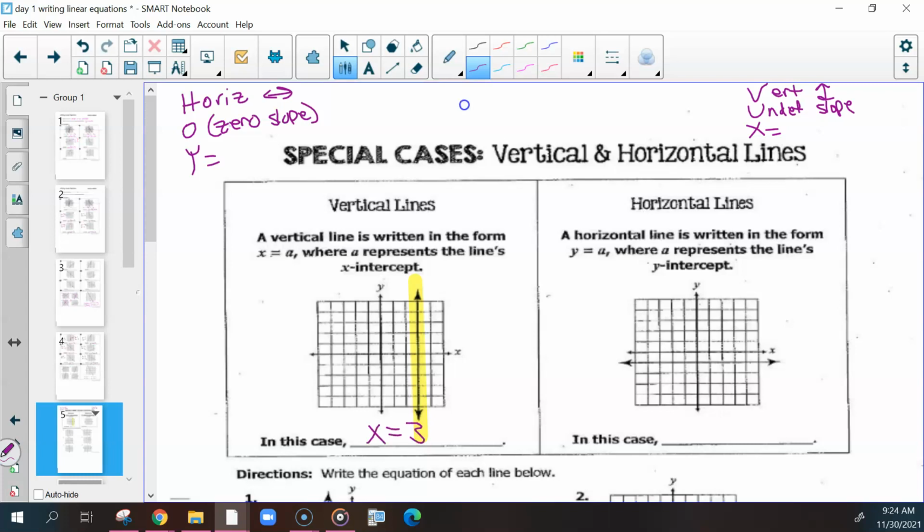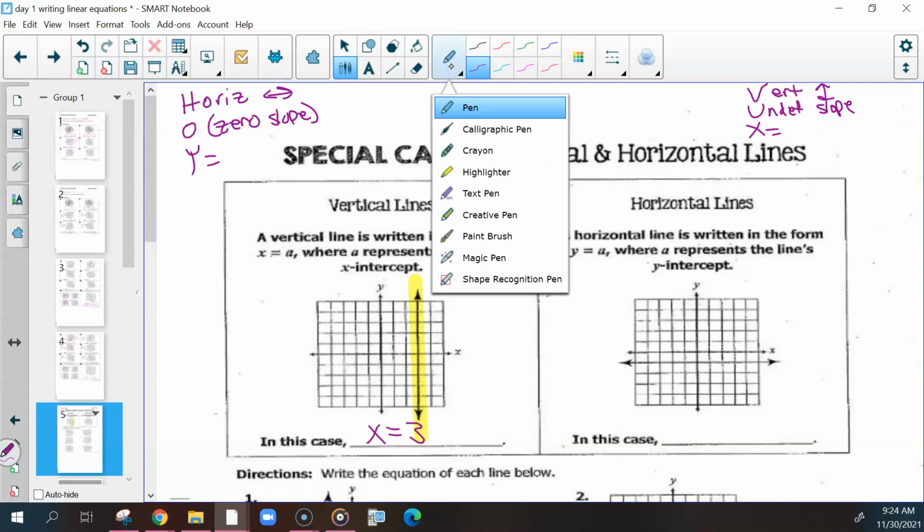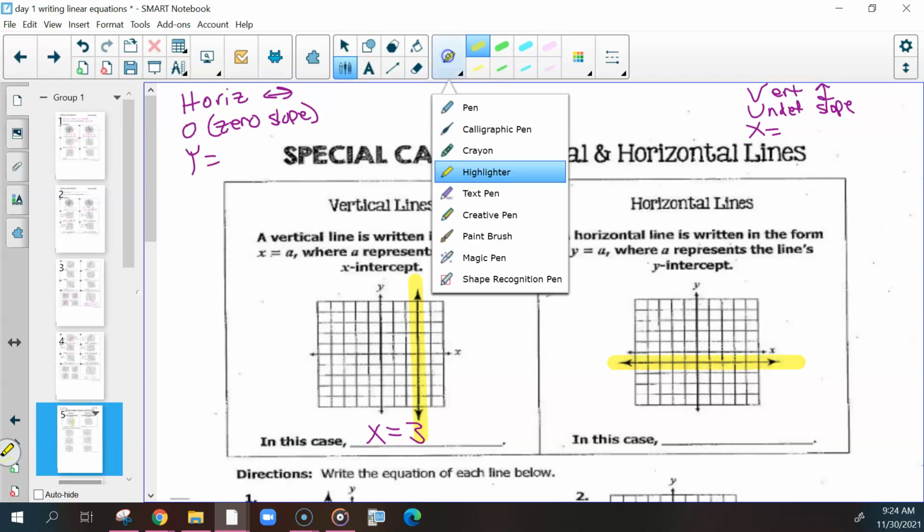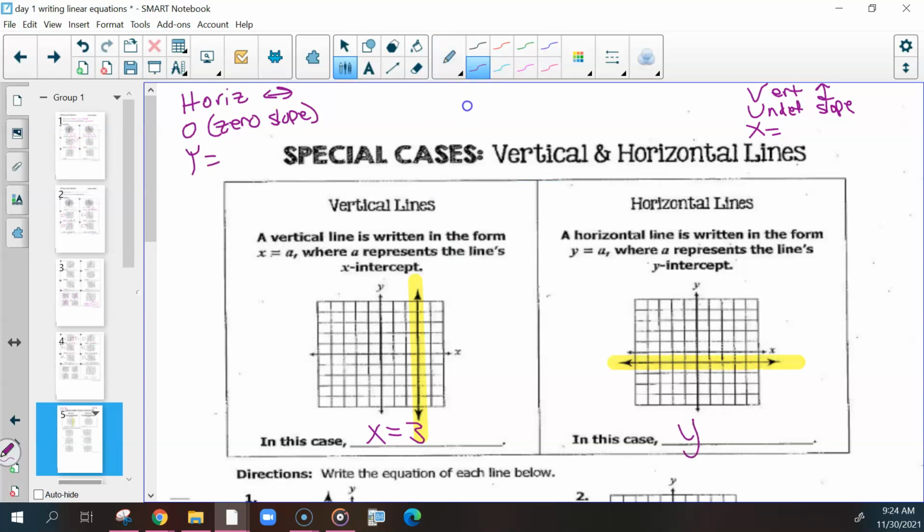X equals 3. And then for our horizontal line, this is going to be a y line. What number is y at? -1. I'm going to highlight it also. Now what would the slope of that one be? 0. There we go.